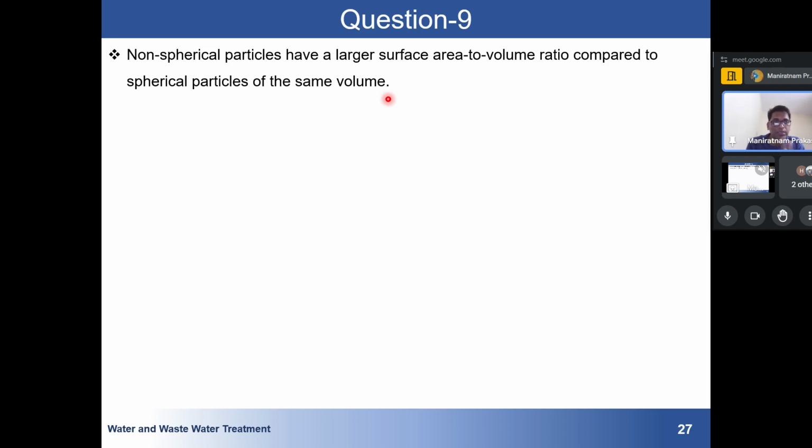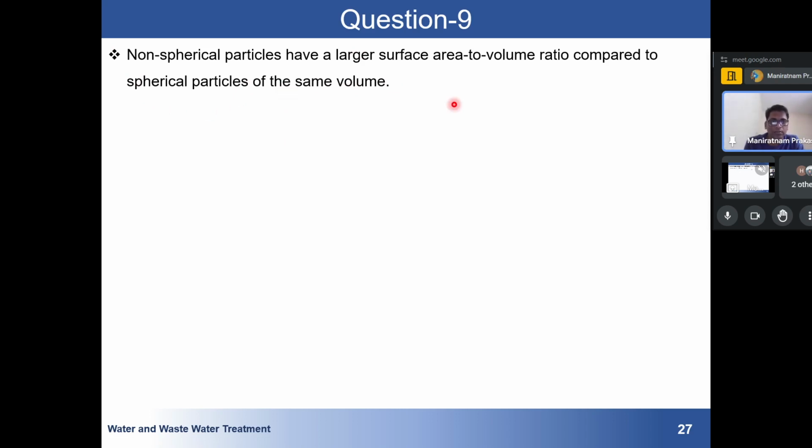There is physics behind it, or rather simple math. You can just divide the area of a spherical particle by its volume, and now compare with a cube shape, a rectangular shape, a cuboidal shape, any kind of shape. You will see that the sphere has the least area to volume ratio.